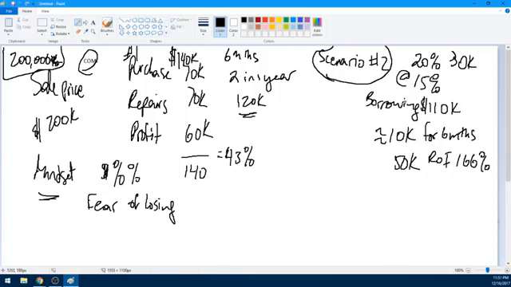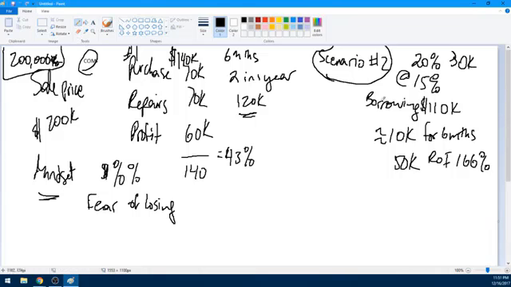So now with the same amount of money, that's 140,000, instead of only doing 2 deals a year, you can do 5 deals per year.